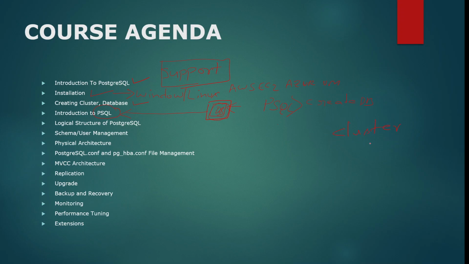We'll discuss the cluster and how inside one cluster you can create multiple databases, and under each database you can create different schemas, schema 1 and schema 2, and under each schema you can have multiple tables. All these things we'll discuss during logical structure.